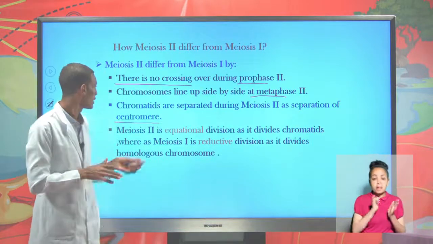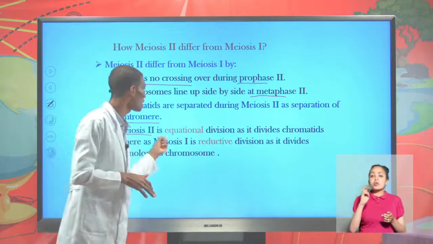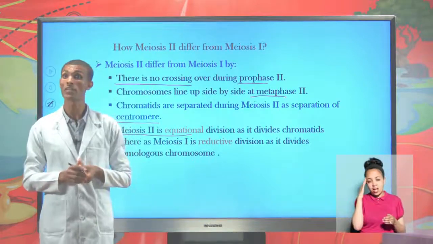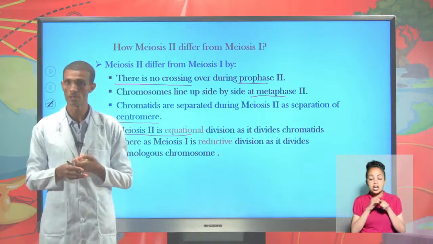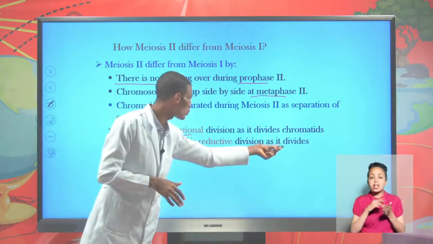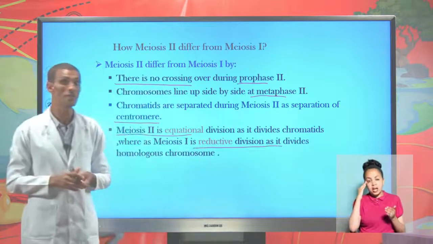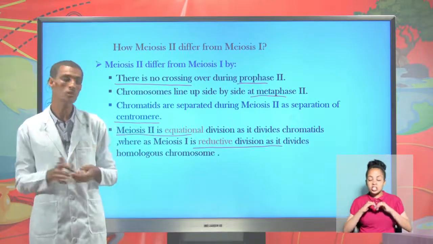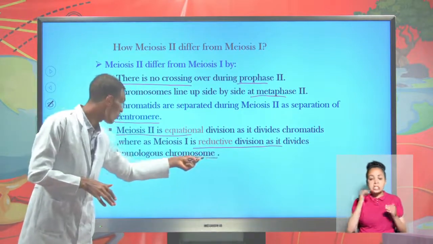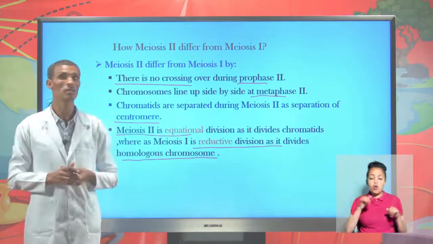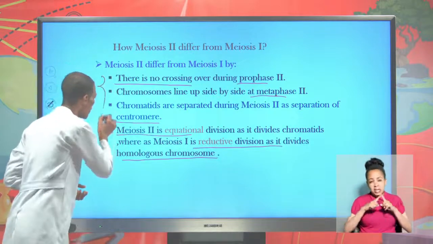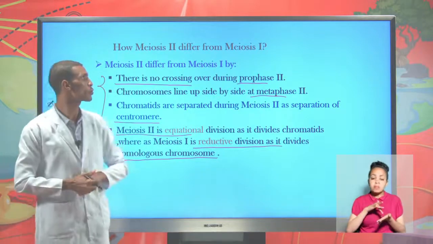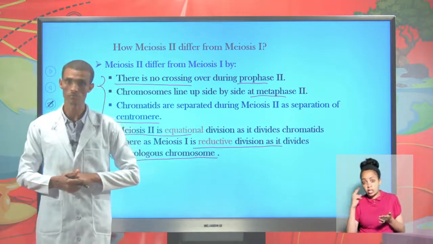By that, meiosis II can be considered an equational division as it divides sister chromatids, whereas meiosis I is considered a reductive division as it is the separation of homologous chromosomes. This is a minor difference between meiosis I and meiosis II.